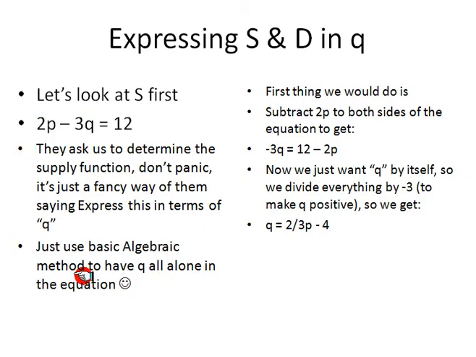Okay, so remember the algebraic method for that? Subtract 2 from each side. Then we get minus 3q equals 12 minus 2p. Then we want q by itself, so we divide everything by -3 to make this a positive q, right? So we get q equals 2/3 p minus 4.